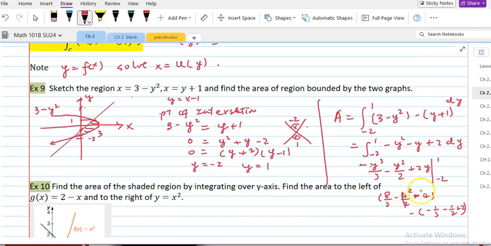So minus 6. 8 over 3 minus 6, minus negative 5 over 6 plus 2 is 12 minus 5, 7 over 6. So this would be 18 minus, so it would be negative 10 over 3.